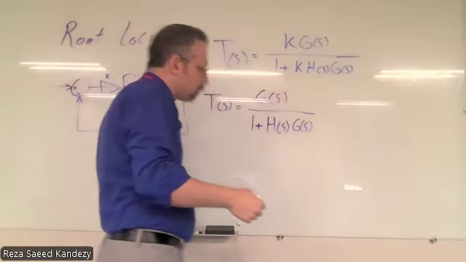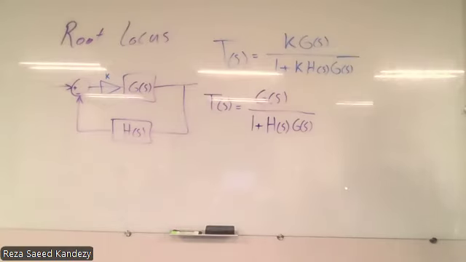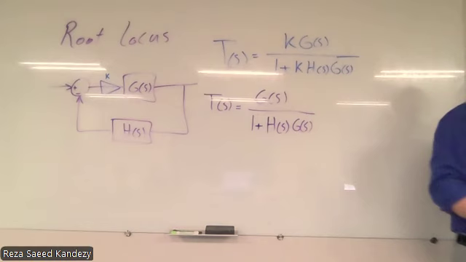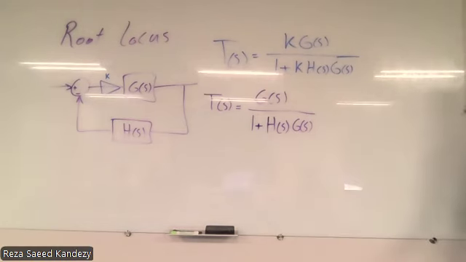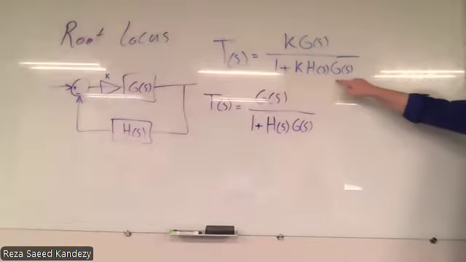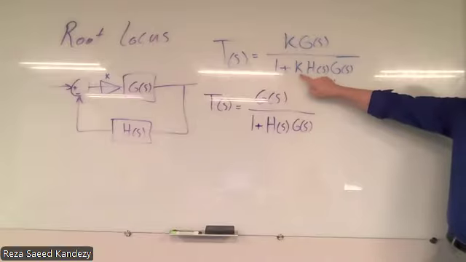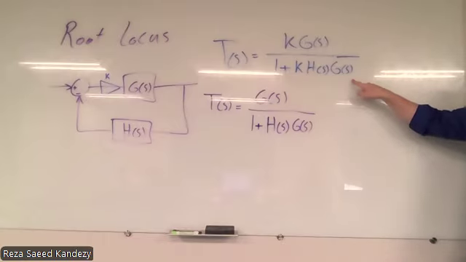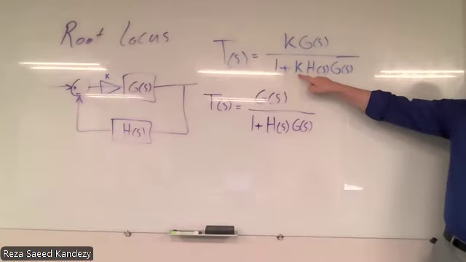Now, you can easily see that when we talked about stability, we said what we care about is the poles of our transfer function, which are the zeros of the denominator. It can already be seen that if we have a K that is variable or changing, then we don't have solid poles. Make sense? Because if we put that equal to 0, this K would get into the values of the poles.